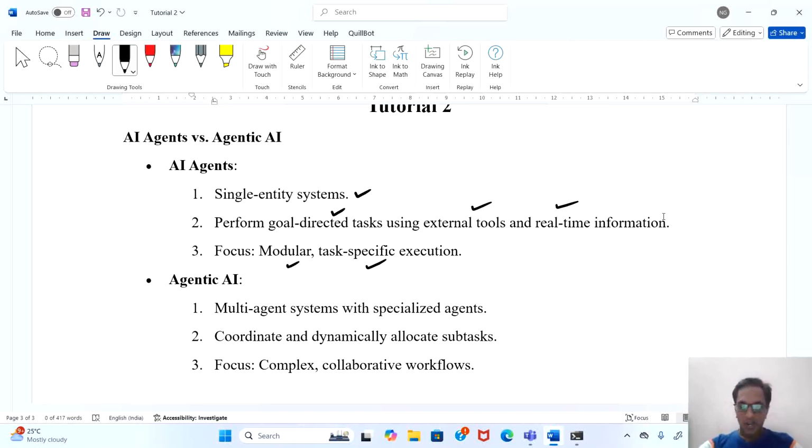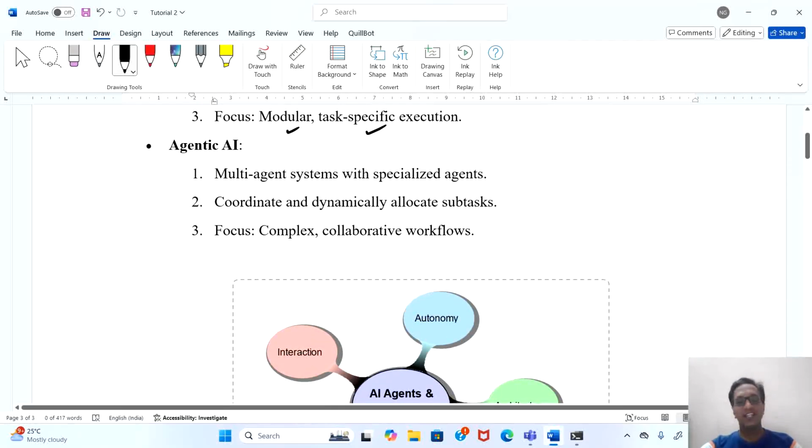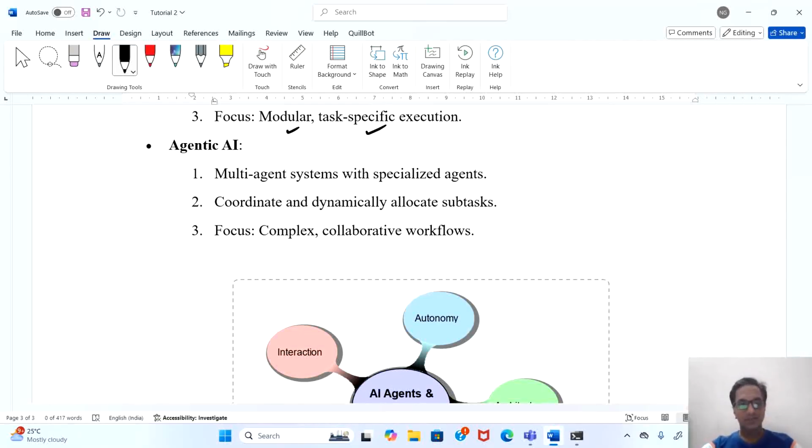While agentic AI, if I say, agentic AI is a collection of AI agents. In other words, it's a multi-agent system, okay, which comprises specialized agents.